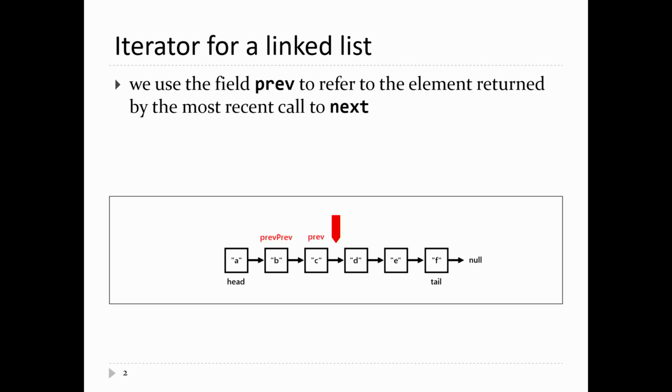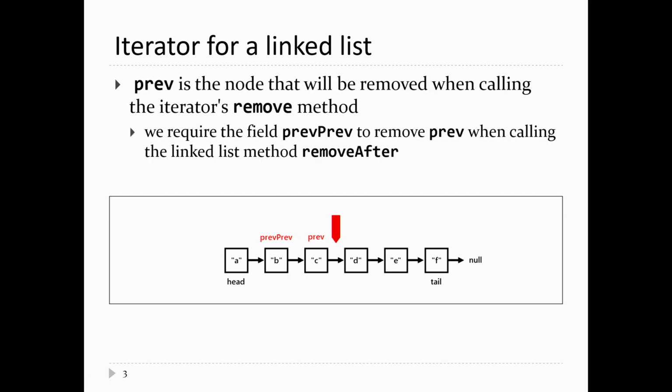So instead of keeping track of previous and next, like we did for the array-based list, we're going to keep track of the previous node and the node in front of it. I'm calling that previous because I couldn't think of a better name. So previous is the node that's going to be removed when calling the iterator's remove method. If I want to remove that node, then I need the node in front of it, for remove after.